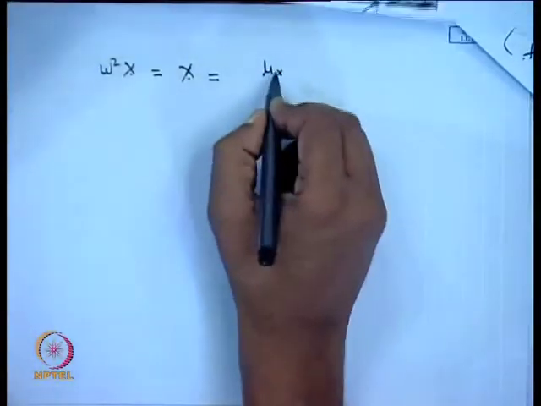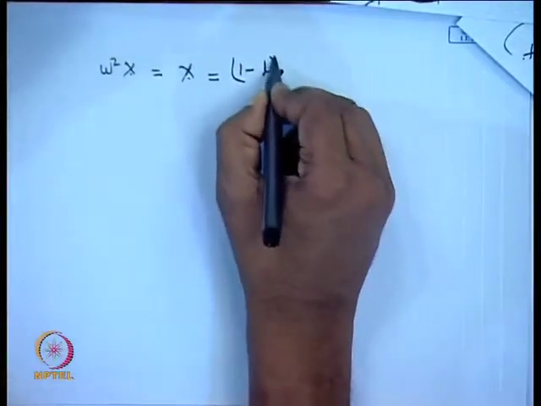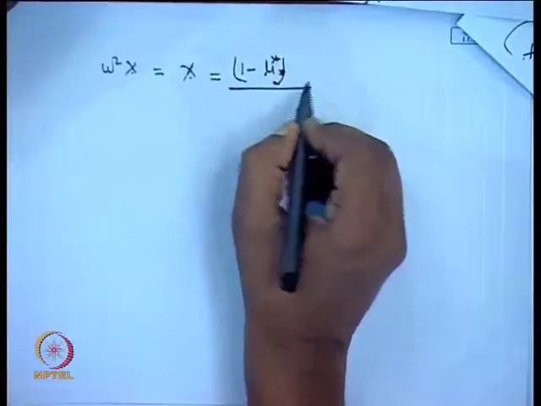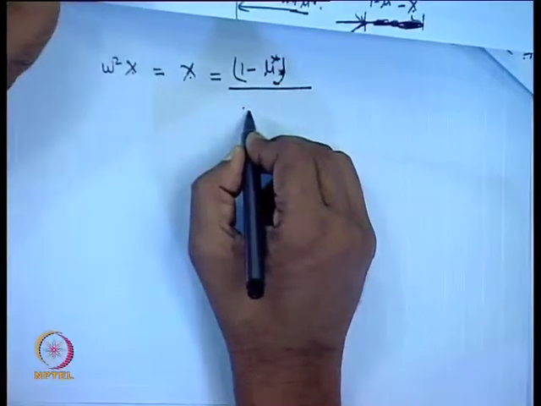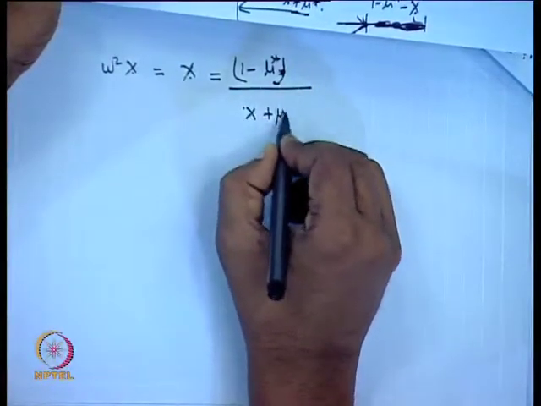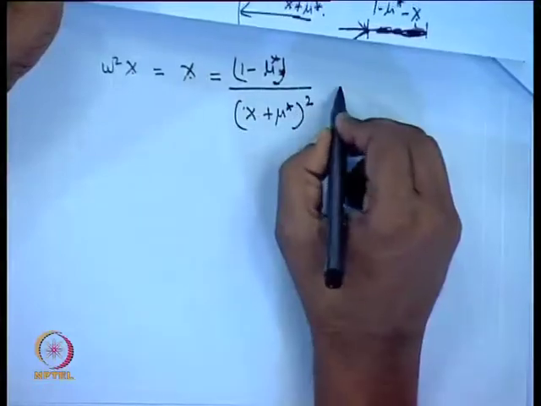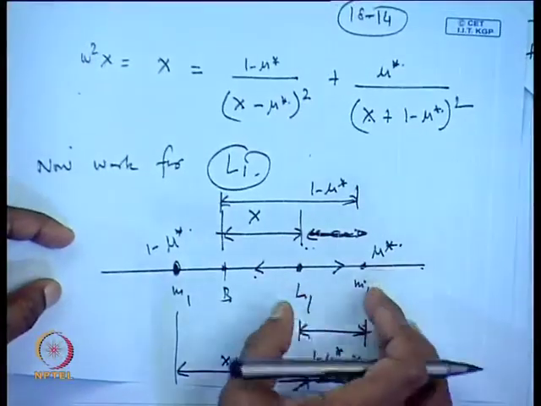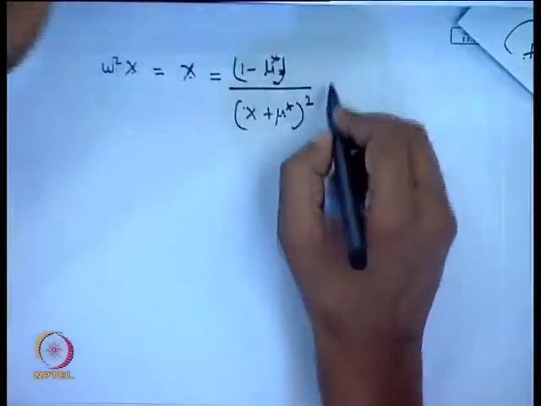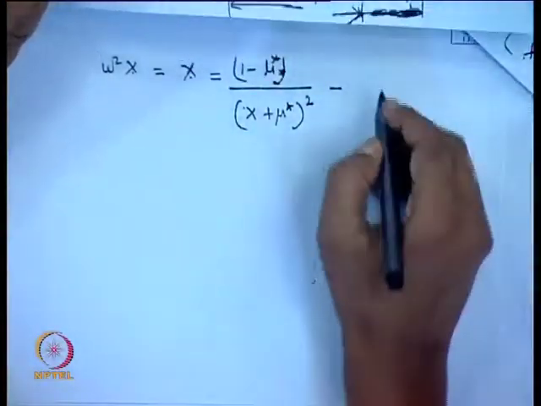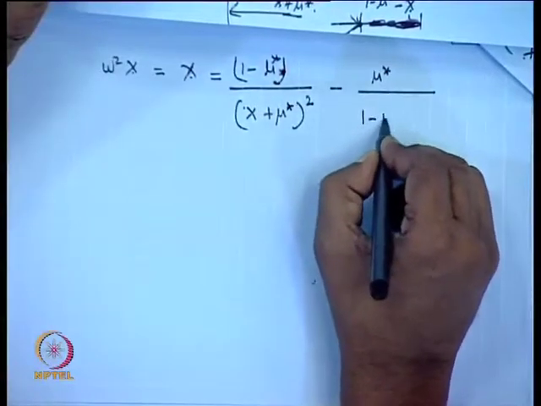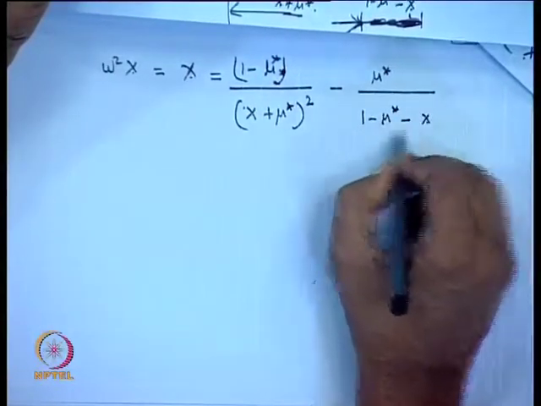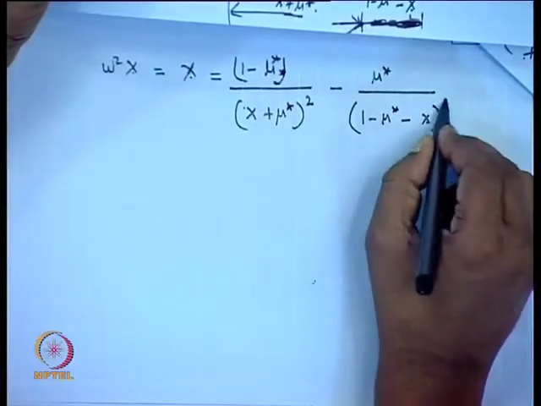So, 1 minus mu star divided by the square of the distance between this and this point. This distance is x plus mu star, whole square, and then from this, what is to be subtracted? The force due to the mass m2. So, if we subtract the force due to the mass m2, that becomes mu star divided by 1 minus mu star minus x, whole square.